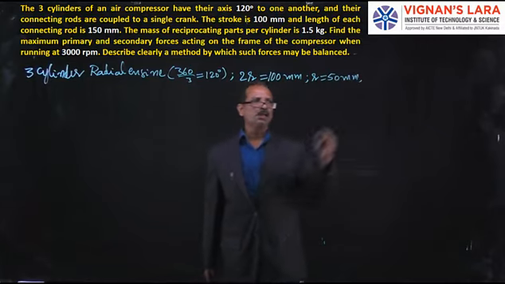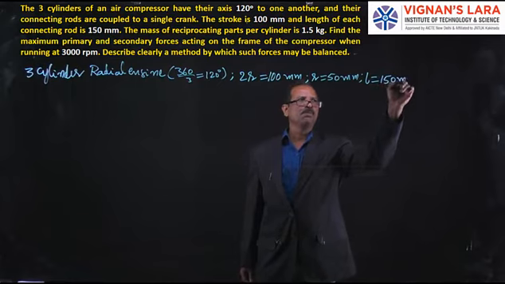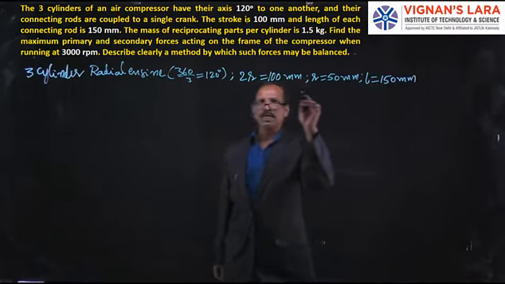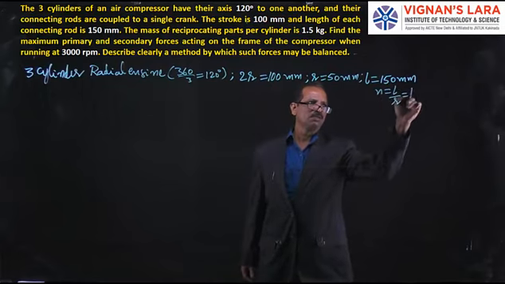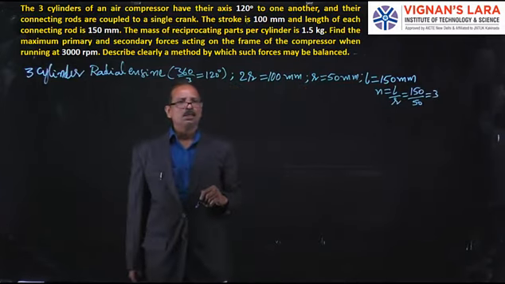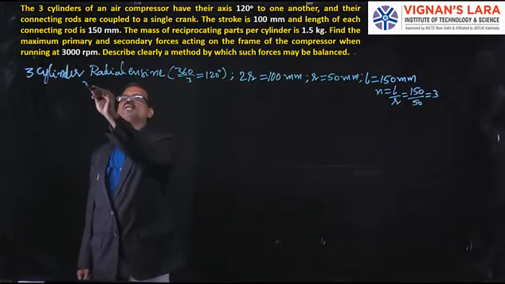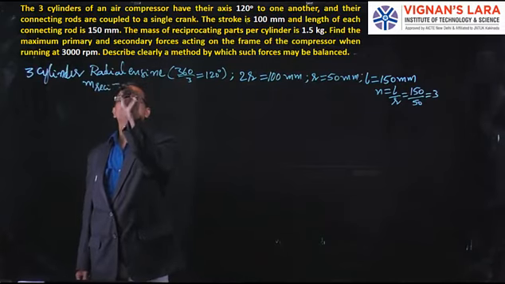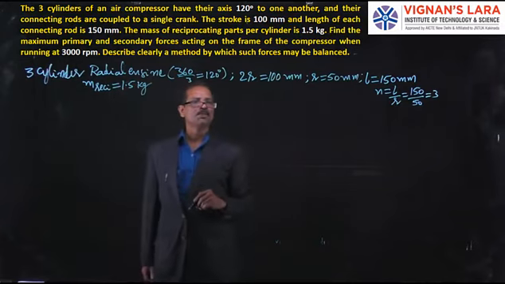Then connecting rod length L is 150 mm, then we know n is equal to L by R, which is 150 by 50, that is 3. Then the mass of the reciprocating parts per cylinder is 1.5 kg.